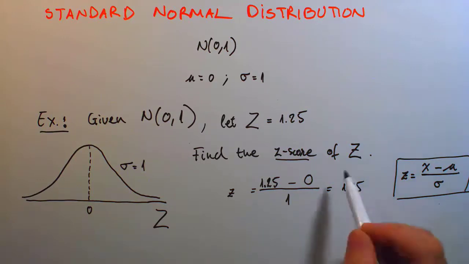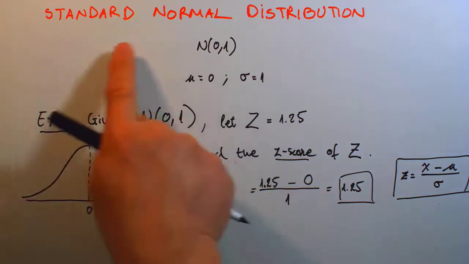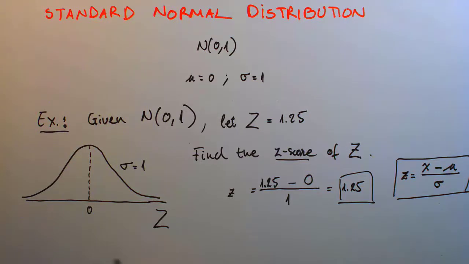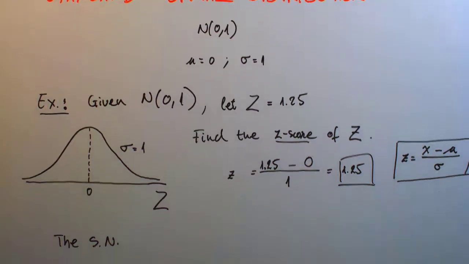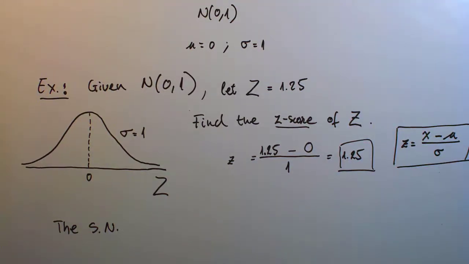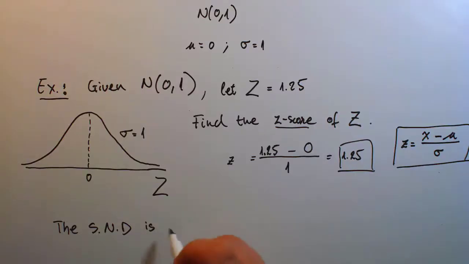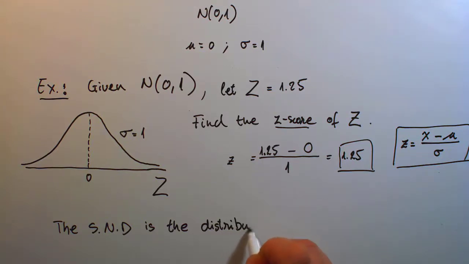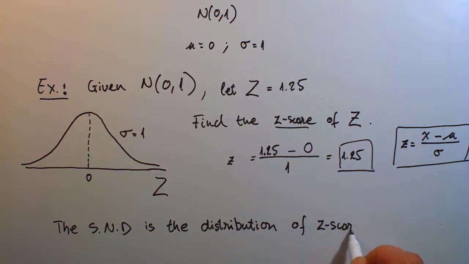The whole intention of this standard normal distribution is that the standard normal distribution is the distribution of the z scores. So it is the distribution of z score. And what's special about those z score?